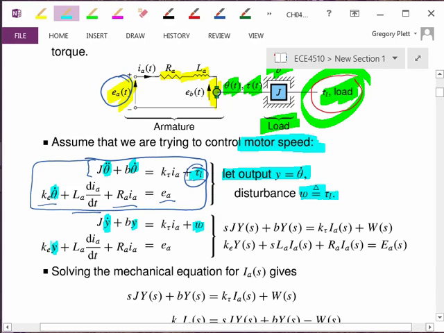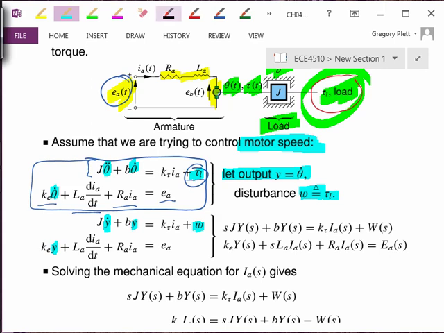What we do with these is first take the Laplace transform of both equations term by term, and that will change the differential equations into algebraic equations, and we can then solve for Y in terms of EA, so the output in terms of the input, and the disturbance also.